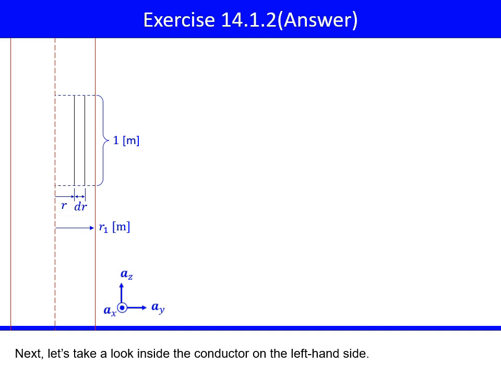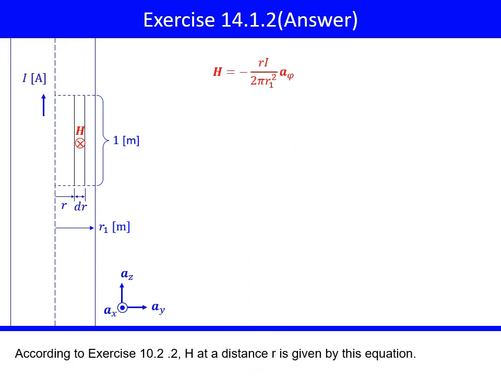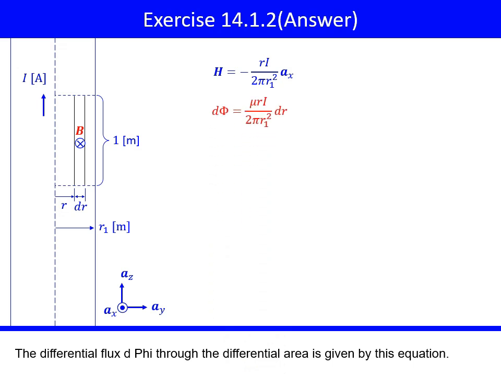Next, let's take a look inside the conductor on the left-hand side. It is assumed that the current I is uniform throughout the conductor. According to exercise 10.2.2, H at a distance R is given by this equation. The differential flux d phi through the differential area is given by this equation.